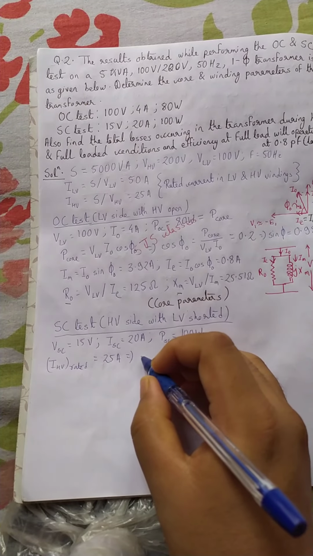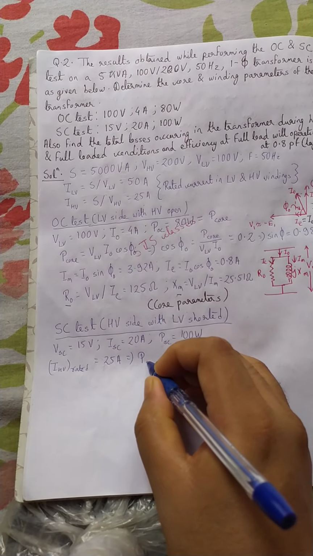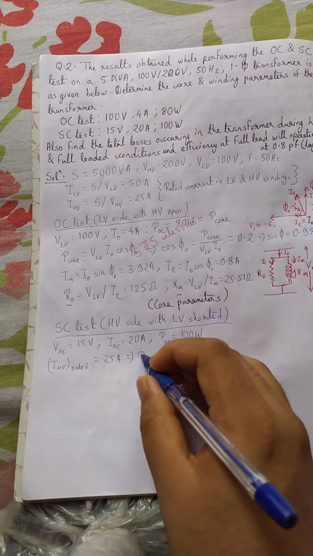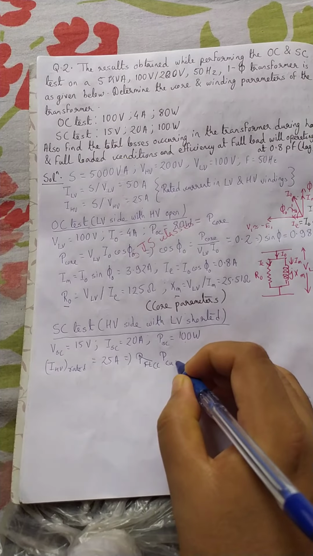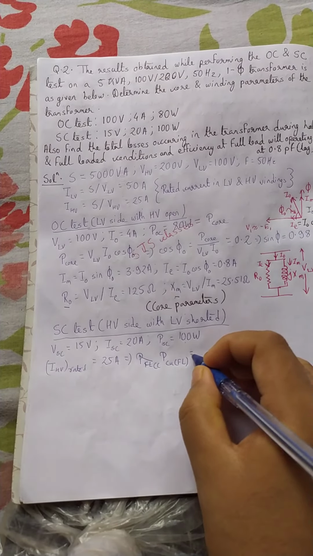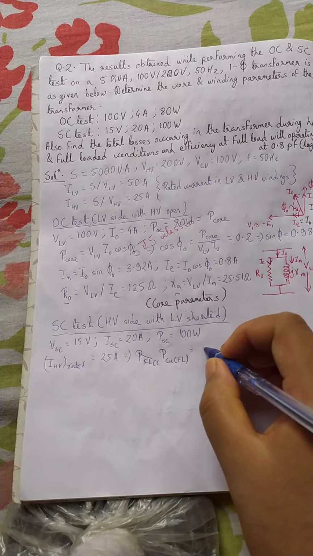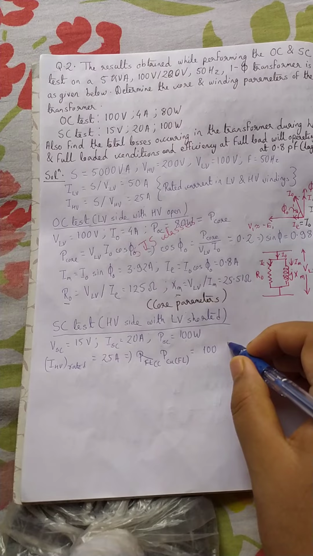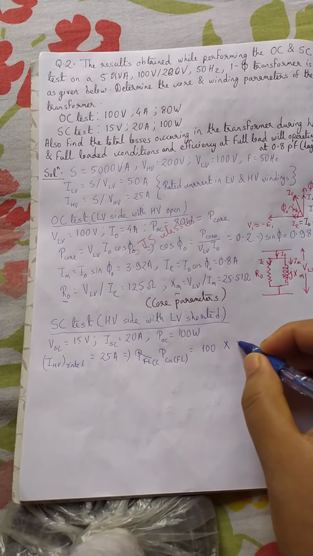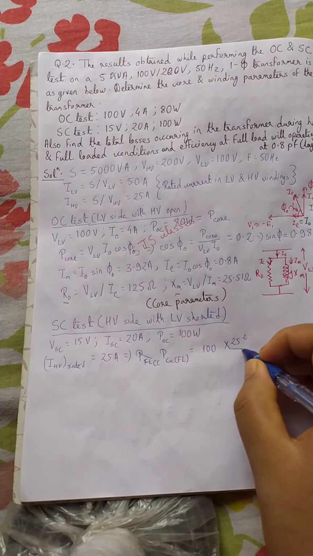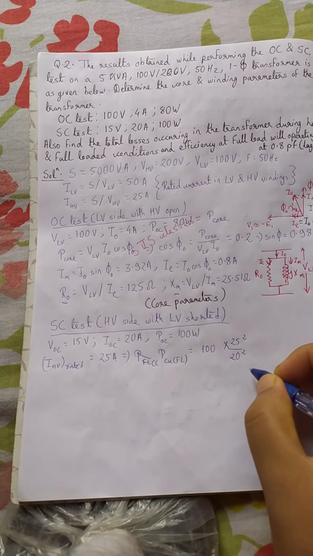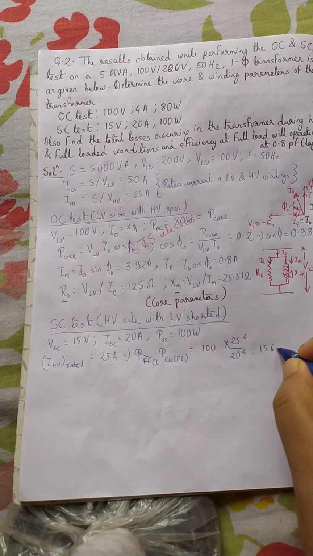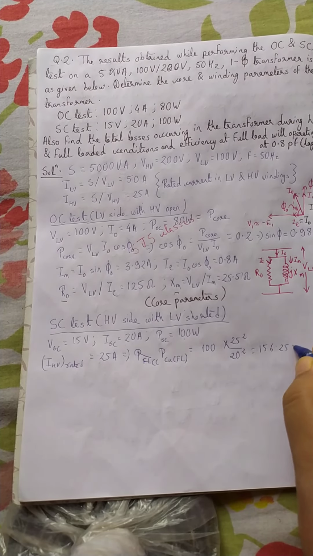So the copper loss at full load will be nothing but 100 into 25 square by 20 square. If you solve it out, that should come to be 156.25 watt.